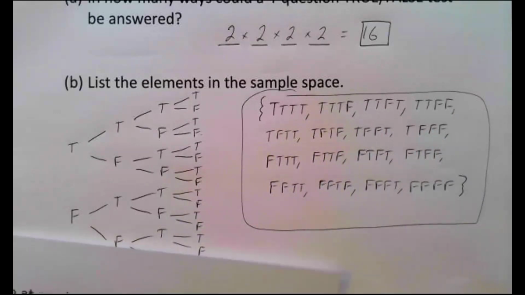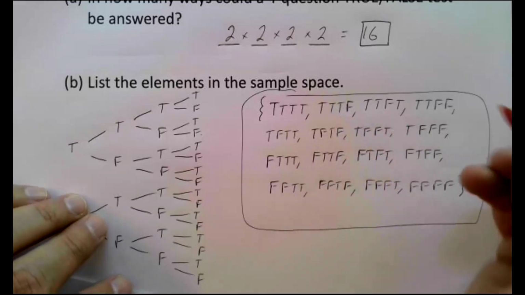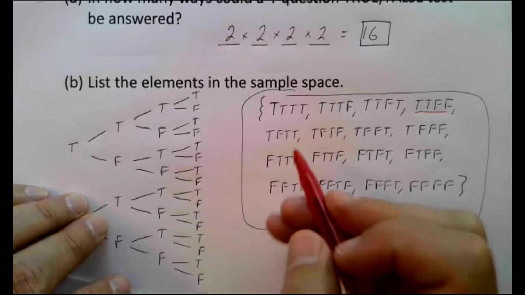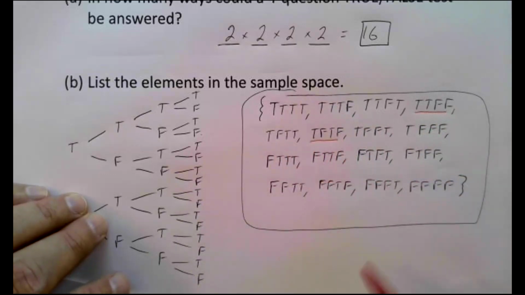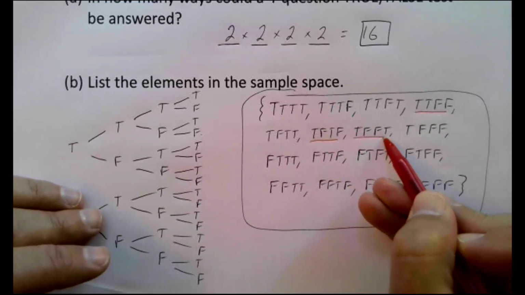Actually, let's color code this because I'm going to do another question. But let's underline the ones that have exactly 2 trues. See, that has 4 trues, that has 3 trues, that has 3 trues. This one has exactly 2 trues. So I'm using red on this one. 3 trues, 2 trues. This one has exactly 2 trues. That one has exactly 2 trues.